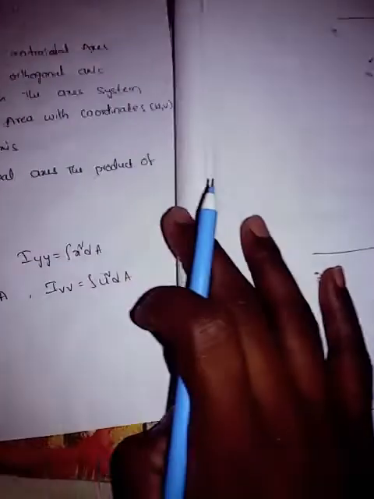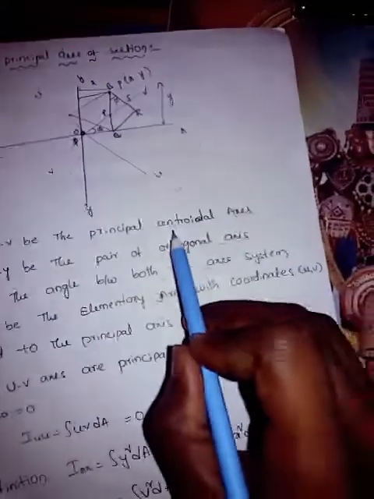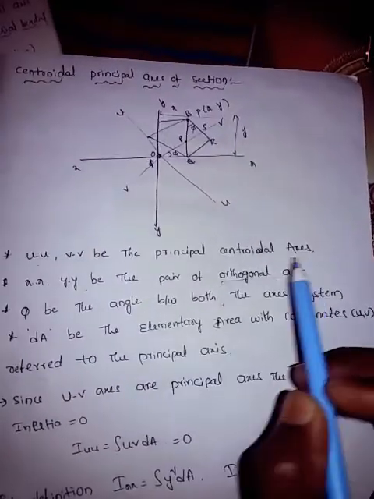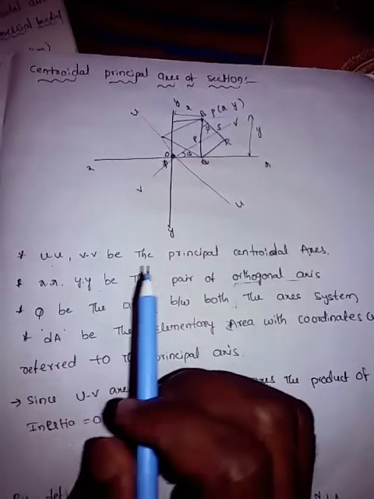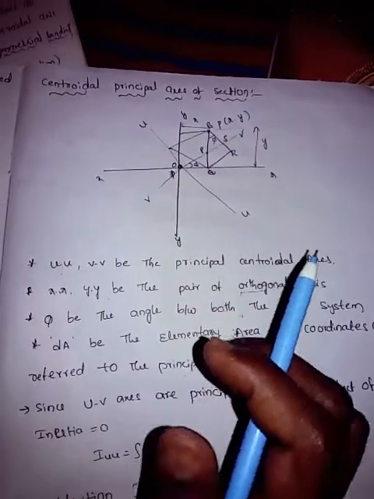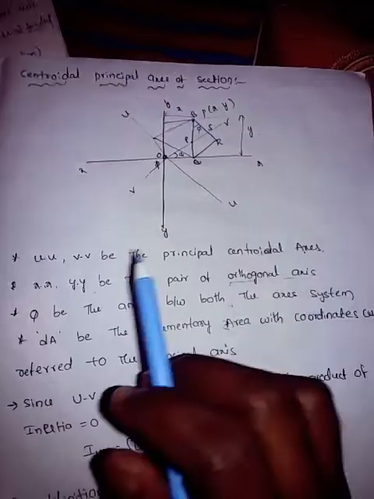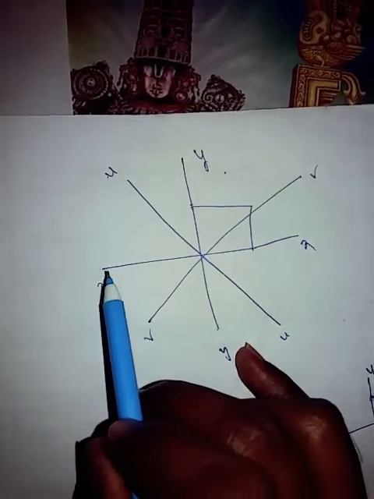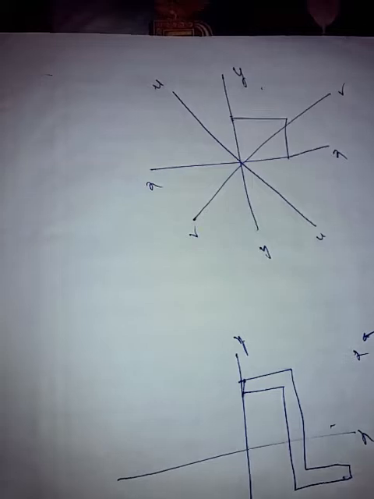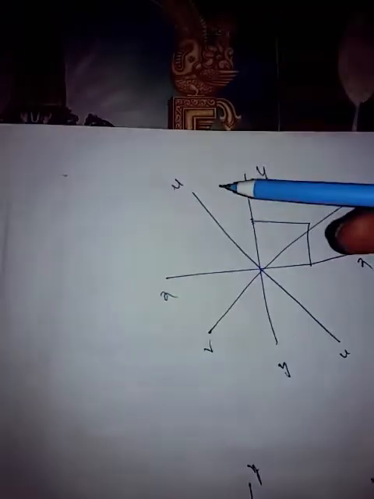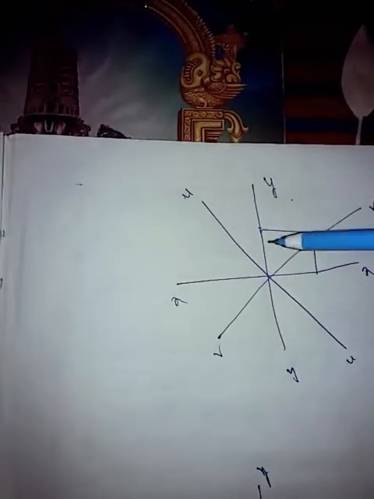It is the concept where we take another centroidal axis. Only xy is not enough to mention the perfect centroid value. It is symmetrical, so we take the uv axes also. Example, we add the uv lines.